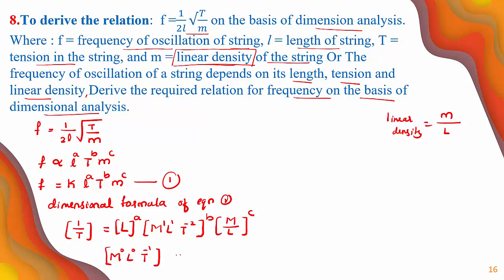Dimensional formula is equal to L raised to A. Here M raised to B, L raised to B, T raised to minus 2B.